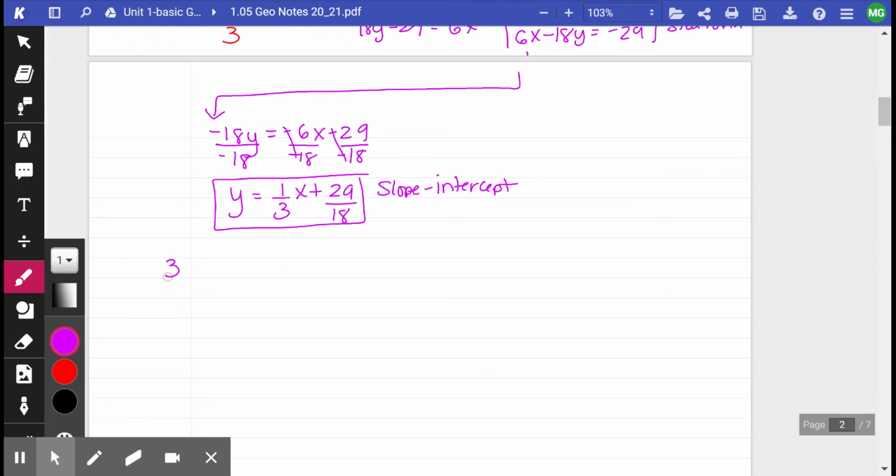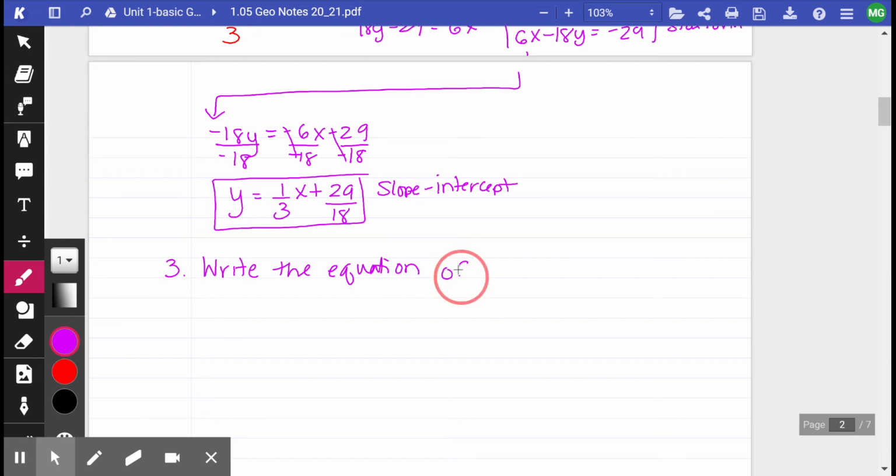So again, parallel lines have the same slope, perpendicular, opposite reciprocals. The next one should be pretty quick, but a little bit more challenging conceptually.